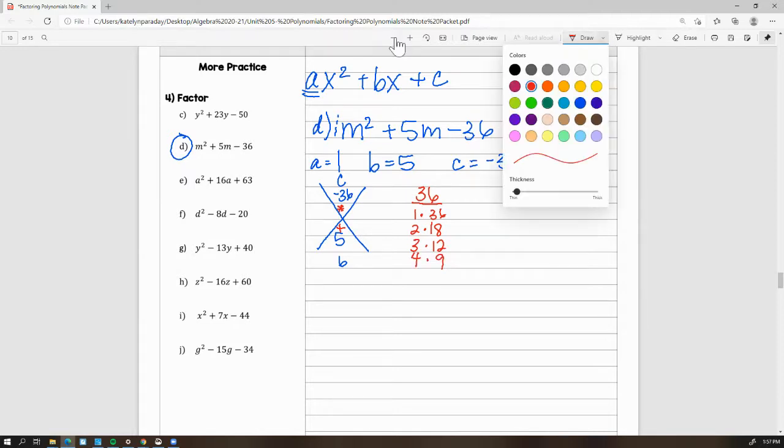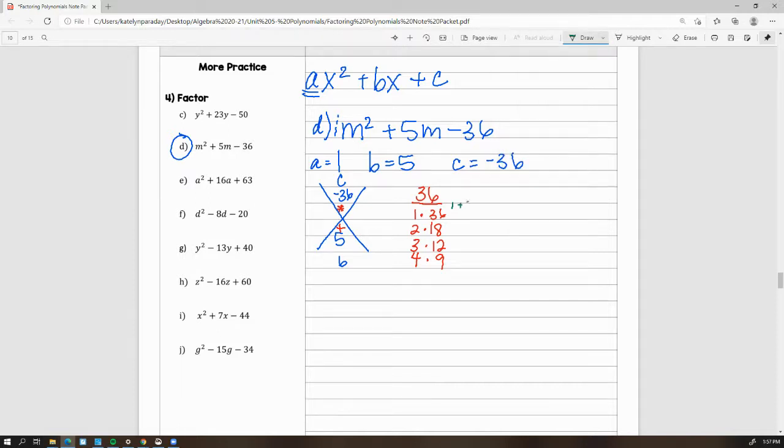So right there, I can see we could do it two different ways. 1 plus 36, 1 minus 36, or vice versa. Those aren't going to ever give me 5. 2 plus 18, 18 minus 2, not going to give me 5. 12 plus 3 is 15. 12 minus 3 is 9. So not going to work.